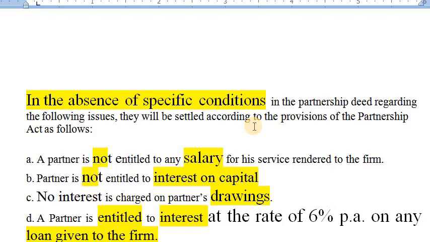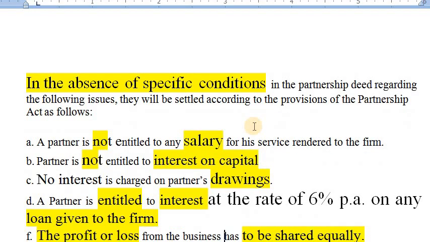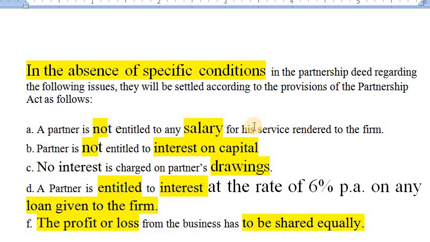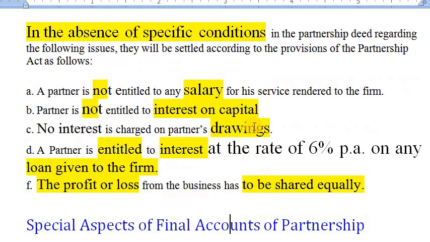Salary, no. Interest on capital, no. Interest on drawings, no. Only thing, interest on loan given to the partnership business: even if the agreement doesn't say anything, the partner is entitled to 6%, and that is the only one having a positive decision if the agreement is silent.